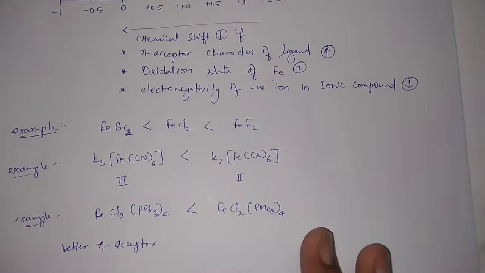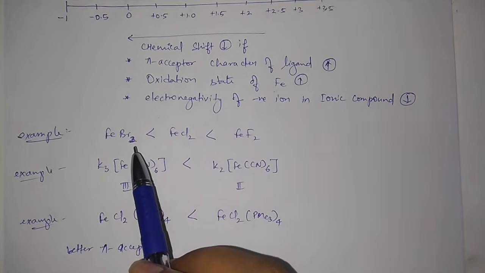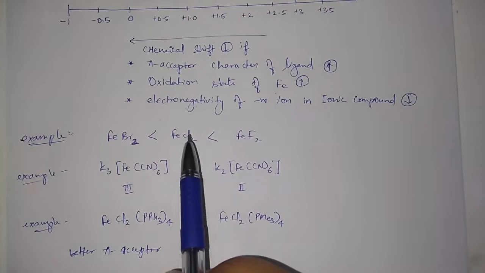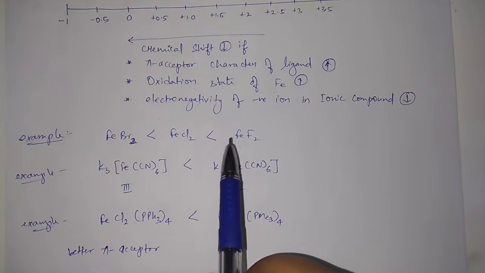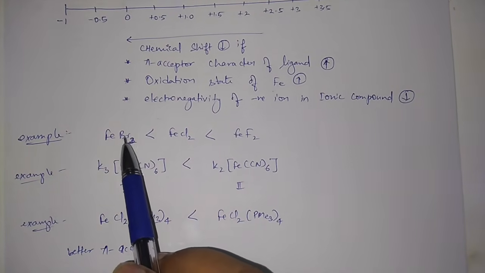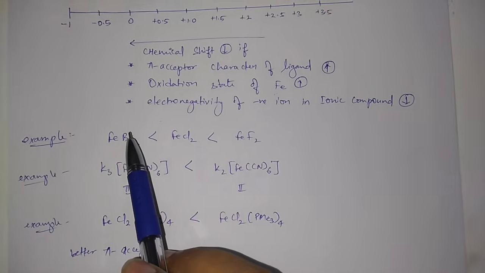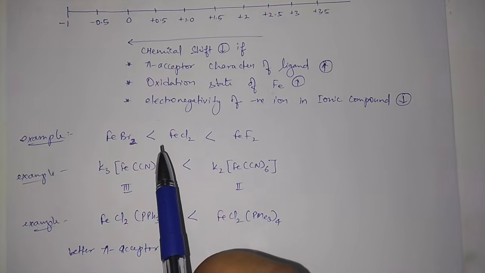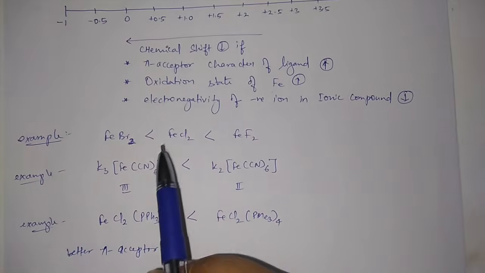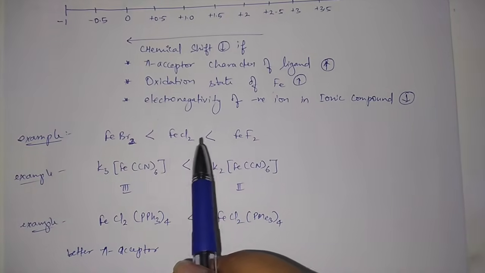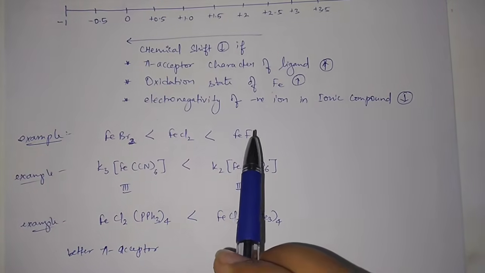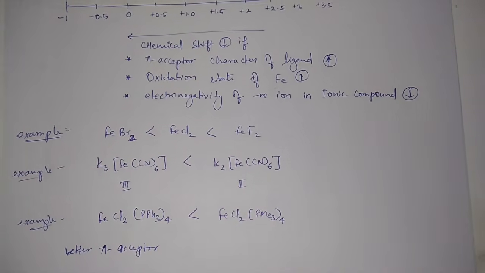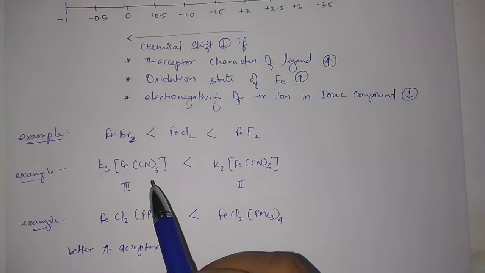A few examples based on this I have taken. We have FeBr2, FeCl2, and FeF2. You can see the electronegativity of Br is least, so if electronegativity decreases, then chemical shift also decreases. So Br will have the least chemical shift value, then FeCl2, then comes FeF2. Now let's talk about the other factor, that is oxidation state.